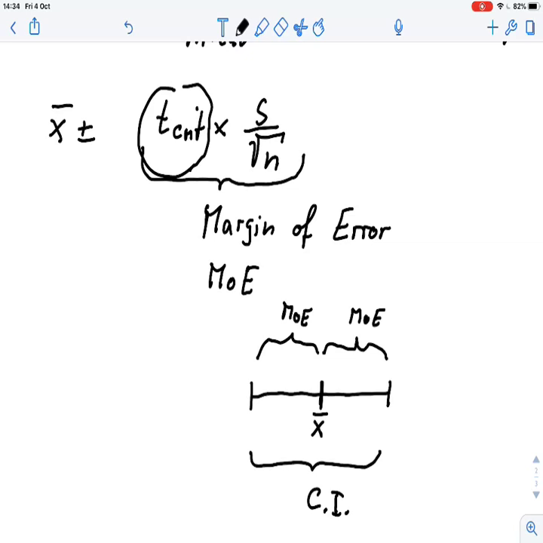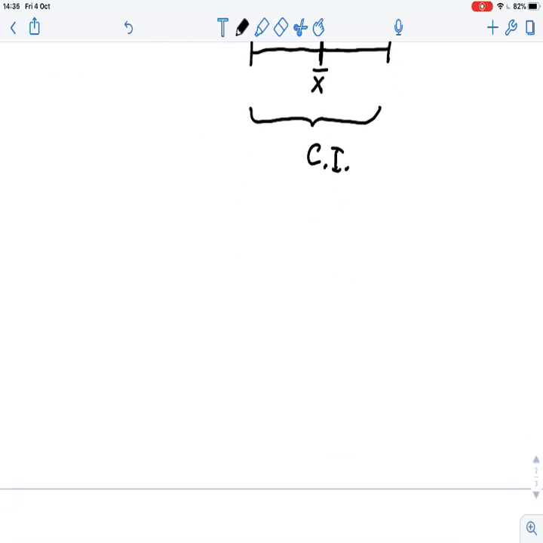Now, what does T critical actually depend on? T critical depends on two things.